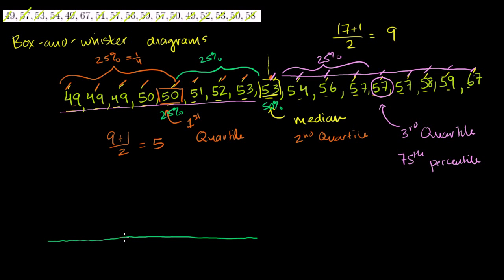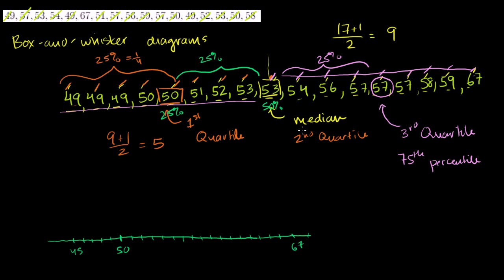Let's say that this right here is 45, 46, 47, 48, 49, 50, 51, 52, 53, 54, 55, 56, 57, 58, 59, 60, 61, 62, 63, 64, 65, 66, 67, 68. So this right here is 67. Where was 46, 47, 48, 49, 50? That's 50 right there. So if we use this as our scale, I think it'll be a little bit clearer what's going on with the box and whisker diagram.